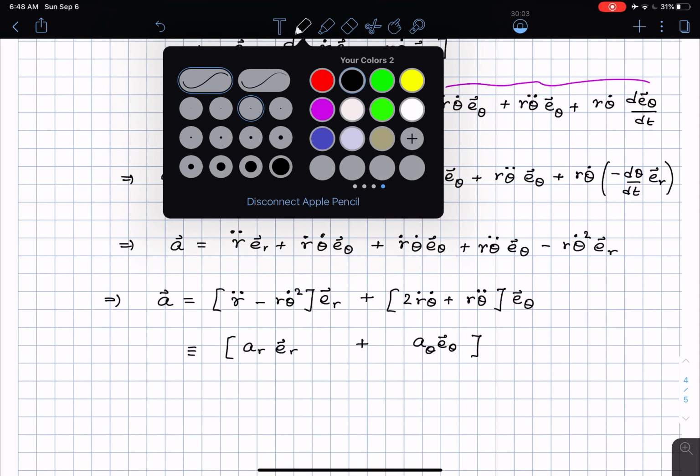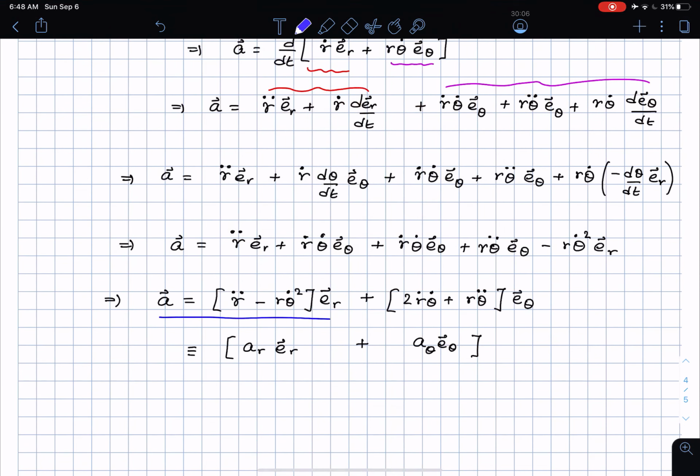This is first of all the acceleration vector, this huge thing.